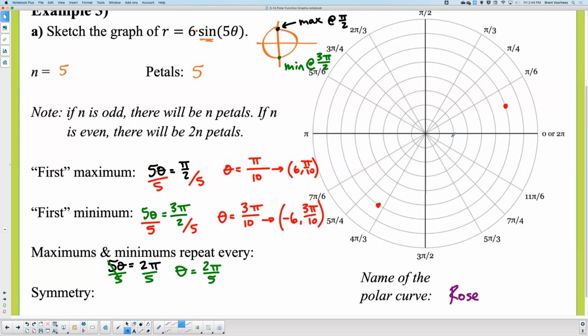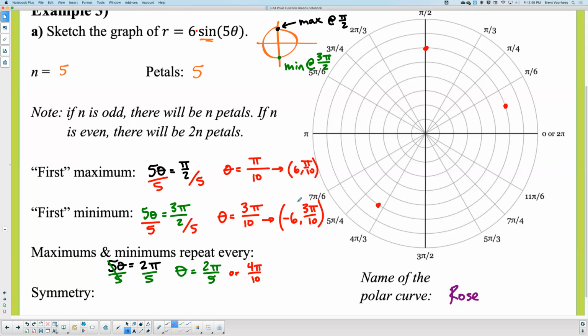So what am I saying? If I had a maximum at 1 pi over 10, the next maximum, 2 pi over 5 is like 4 pi over 10. The next maximum would occur at 5 pi over 10. 1 pi plus 4 pi is how many pi's? 5 pi over 10. I'm going to have a maximum here.